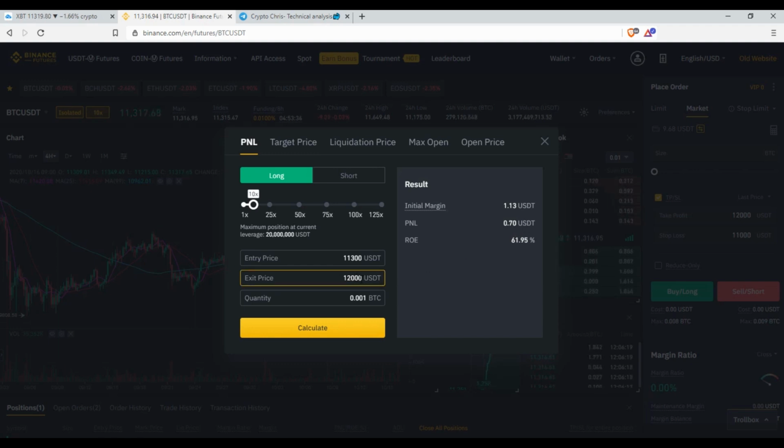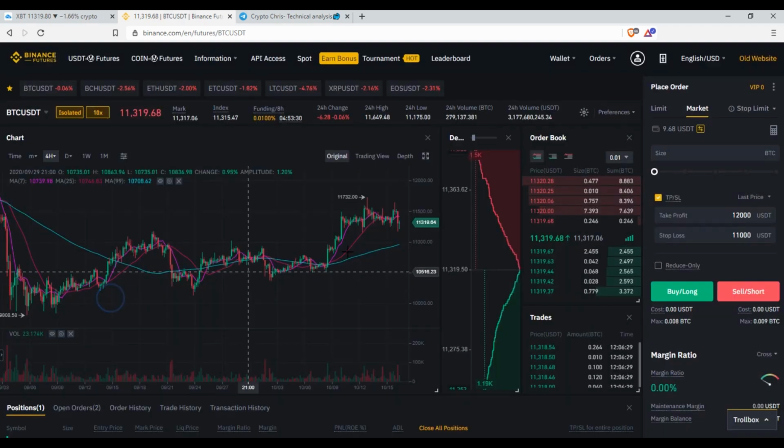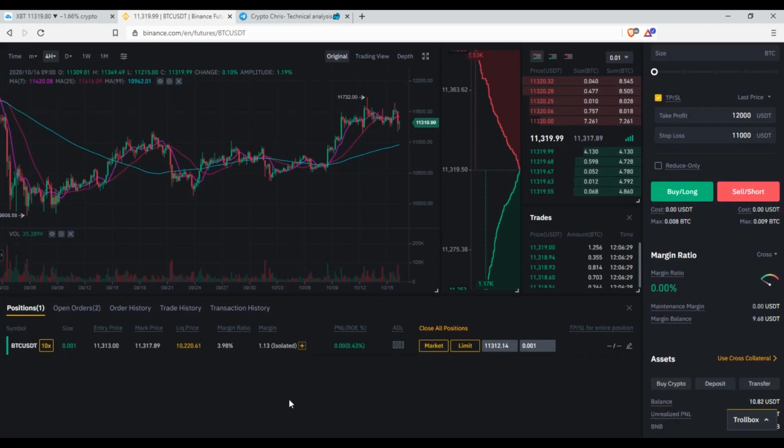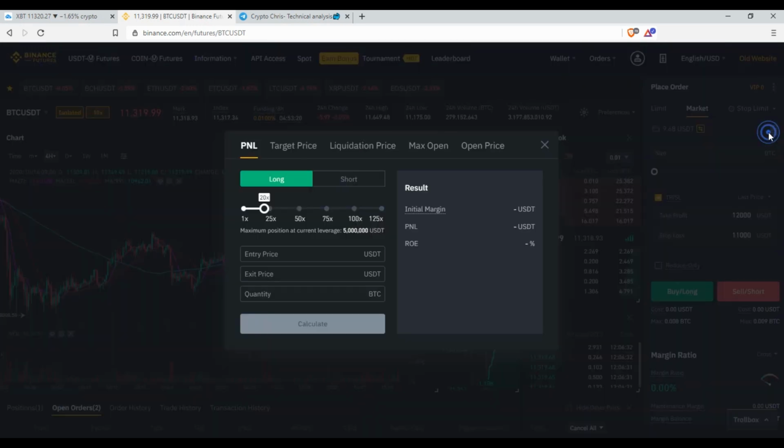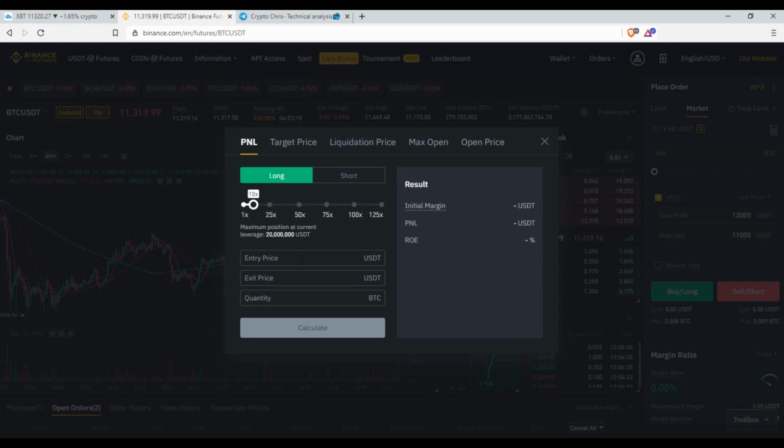And again, if my exit price is, obviously I have a close order at 11,000, I just want to show you. So I've got the calculator here. Again, we select 10x long. Our entry price was 11,300.